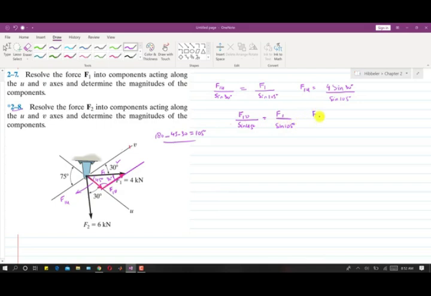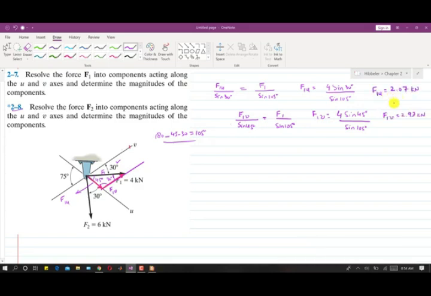So F1V is equal to F1, which is 4, multiplied by sine of 45 divided by sine of 105 degrees. If I solve this, we will get the magnitudes of the components of F1 along U and V axes.